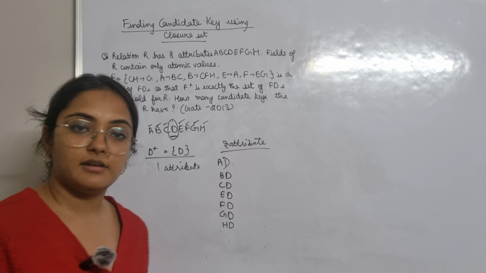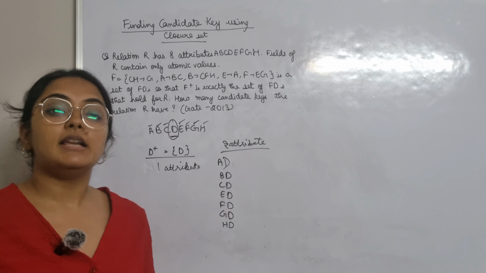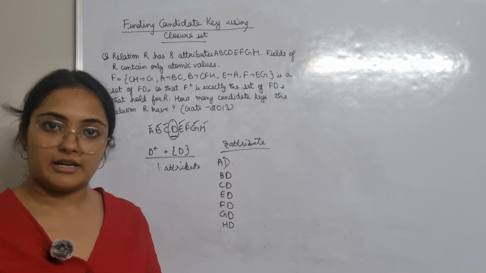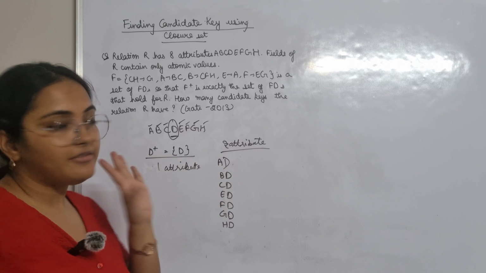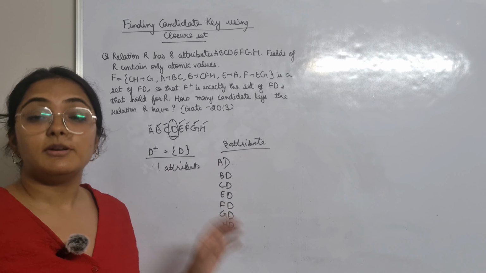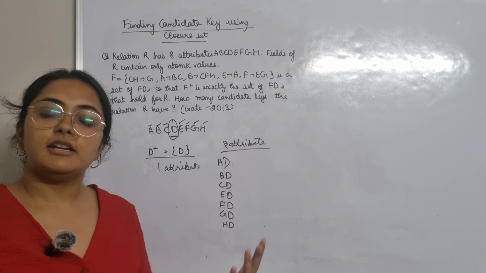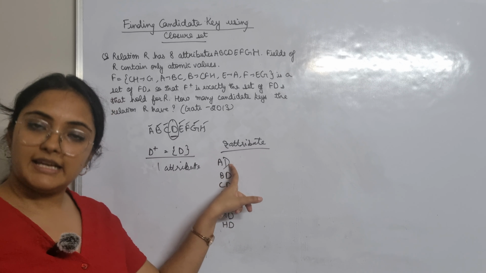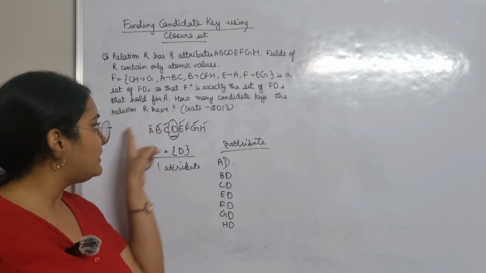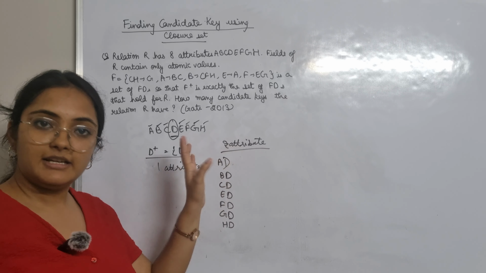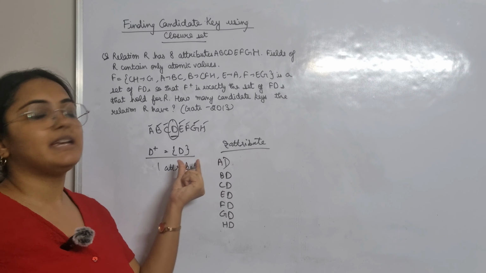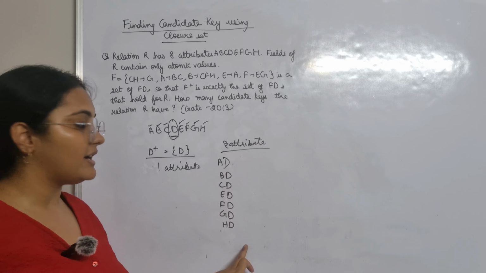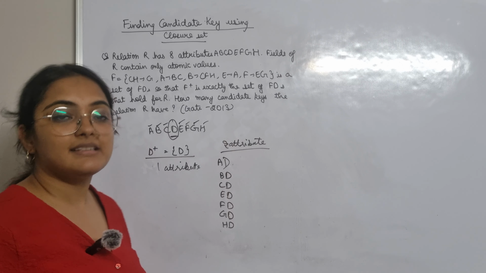You are getting my point? We are finding the minimal set of attributes that can determine all the attributes. D definitely has to be part of the candidate key, because it is not functionally dependent on any other attribute. D individually cannot give anything, so we are testing with others. Let's go for 2 attributes and see if any of these are candidate keys.